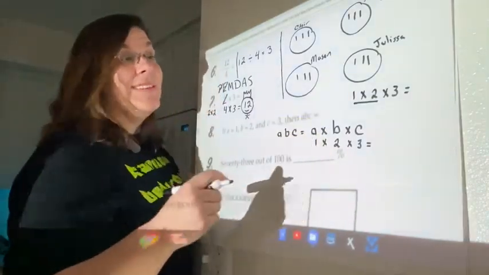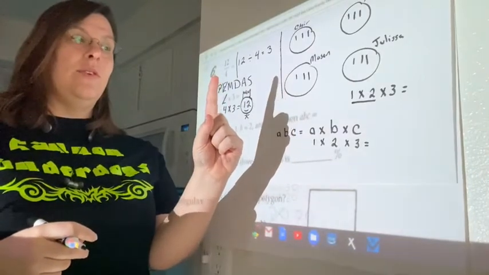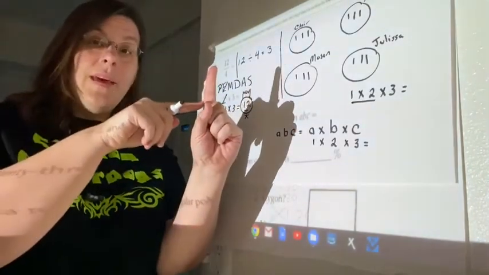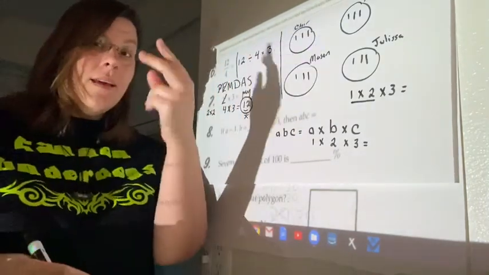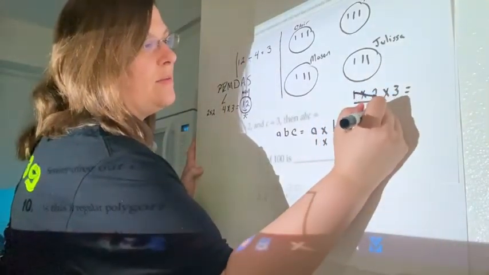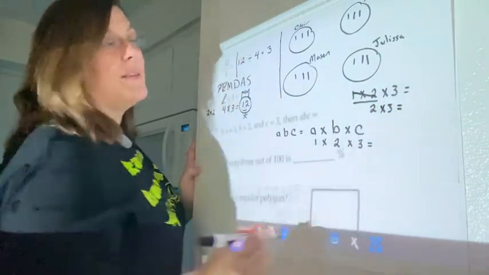You guys got this one. You can do it this way, or have the base of 1, so 2, or 1, 2. Either way, the answer's 2. So this goes away, and this becomes a 2. You drop down what you have left, and now we can skip count again.